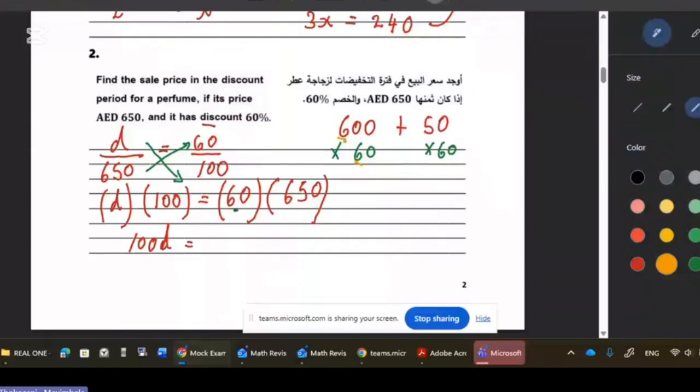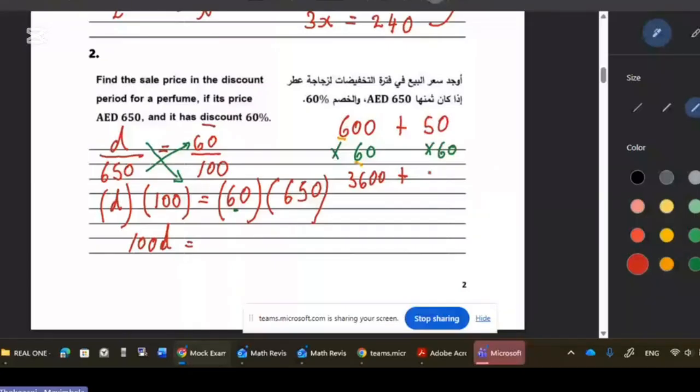Now 6 times 6 is going to give us 36. And how many zeros do you have here? 1, 2, 3. Don't forget the other one below. So there are 3 zeros. So I'm just going to put my 3 zeros here. Plus, now I have 5 times 6, or 6 times 5.